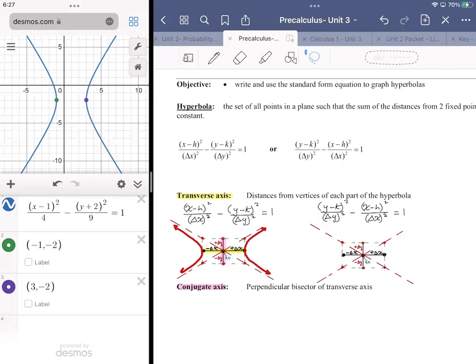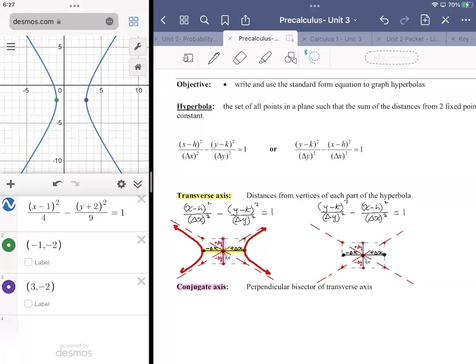Not much changes. You're still going to have a delta x that gives you the horizontal change from center, a delta y that gives you the vertical change from center, and h, k still gives you the center.